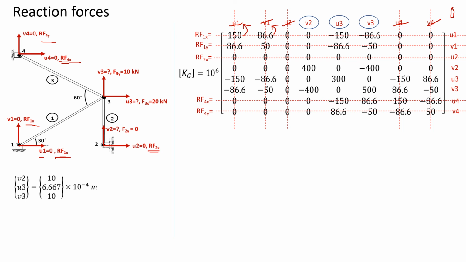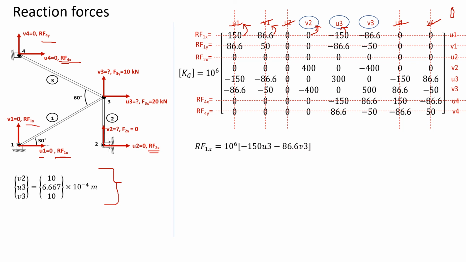So what you have to do is just multiply the values in this row with the unknowns that have values. In this case, we have V2, U3 and V3. Those values we can obtain from our displacement results in the previous step.